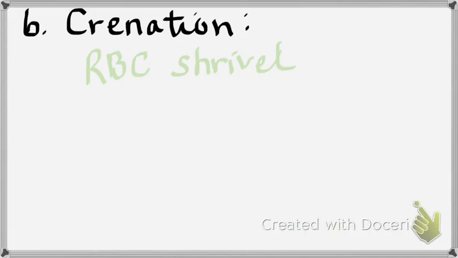On page 51, figure 4.8, which picture is a crenated red blood cell? B. What kind of environment would cause crenation? It's a pretty salty one. What's the word we're going to use for that? Hyper. Good. Hypertonic environment would cause crenation.